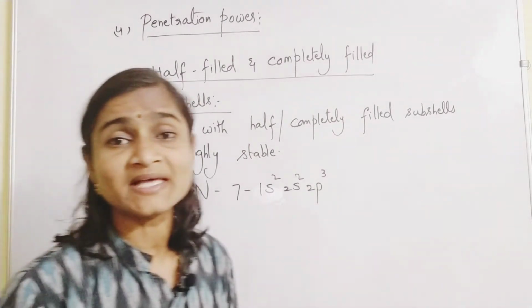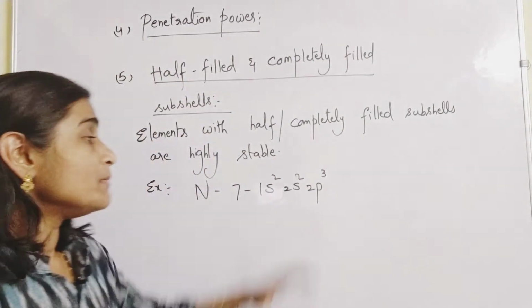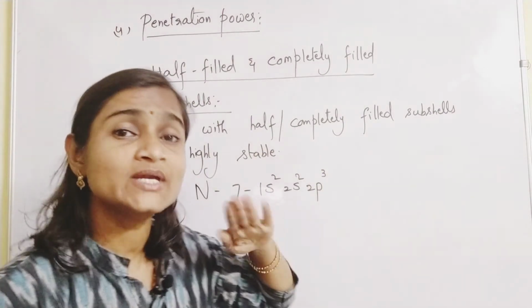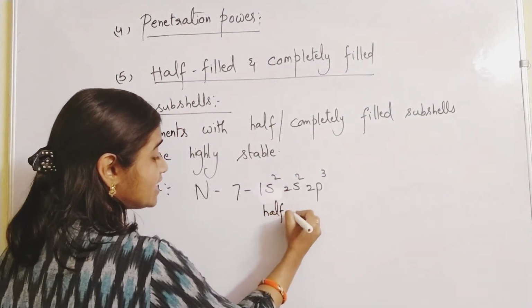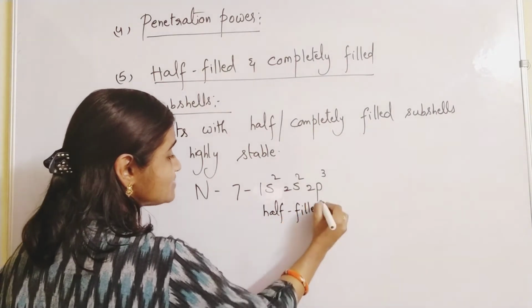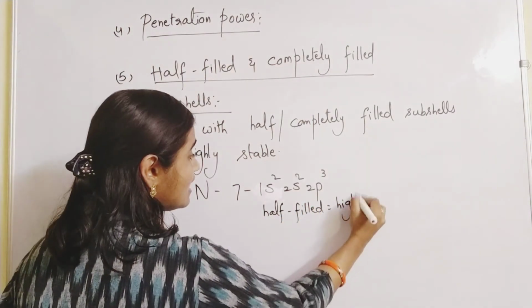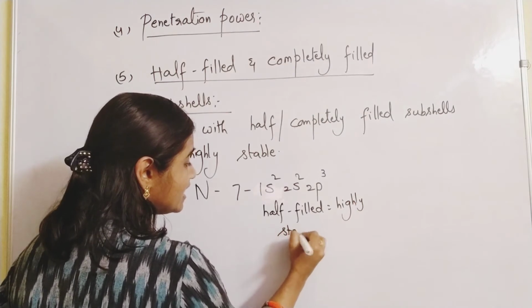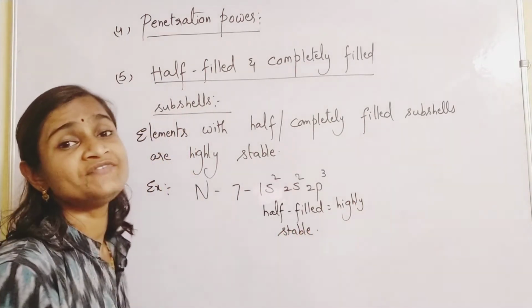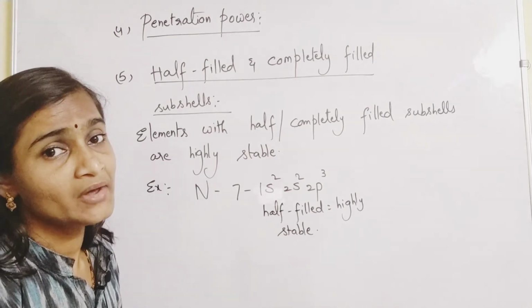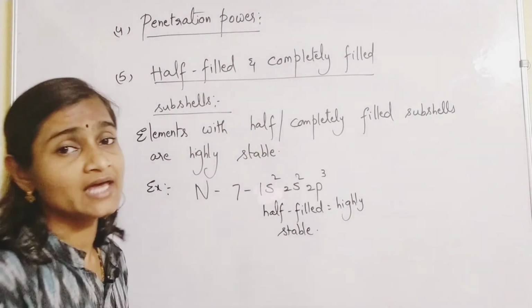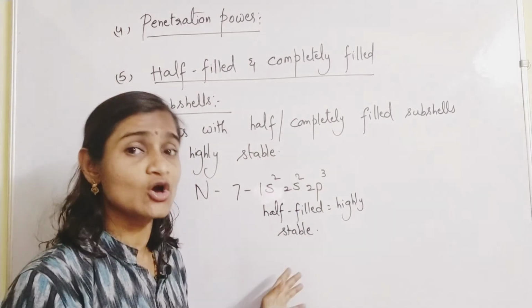P's actual capacity is 6 electrons, but here exactly 3 are filled, so it is half filled. Half filled means highly stable, so it is difficult to remove an electron from that half filled subshell. So IE is very high for such orbitals.